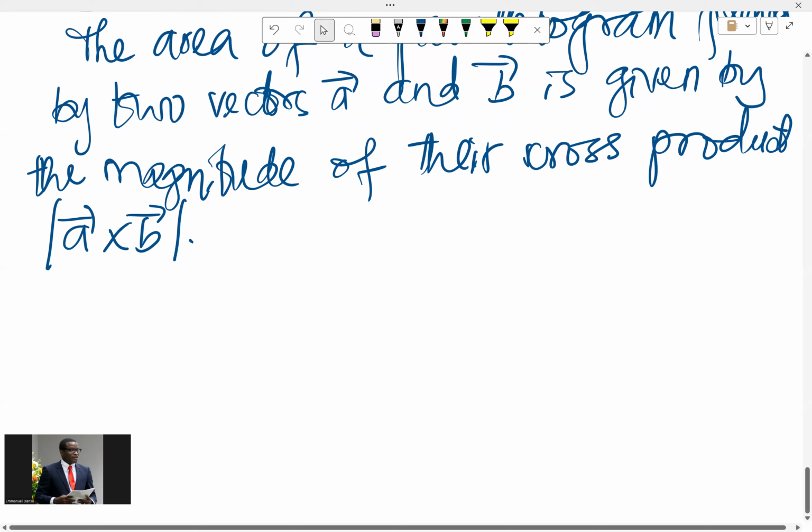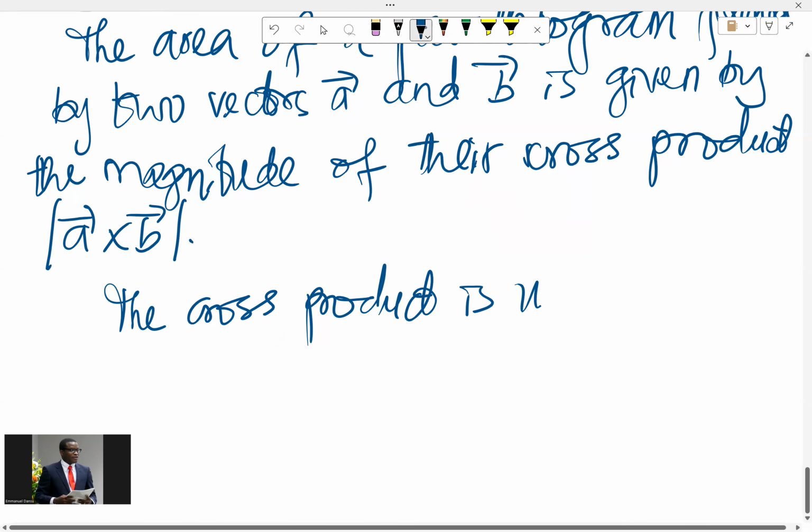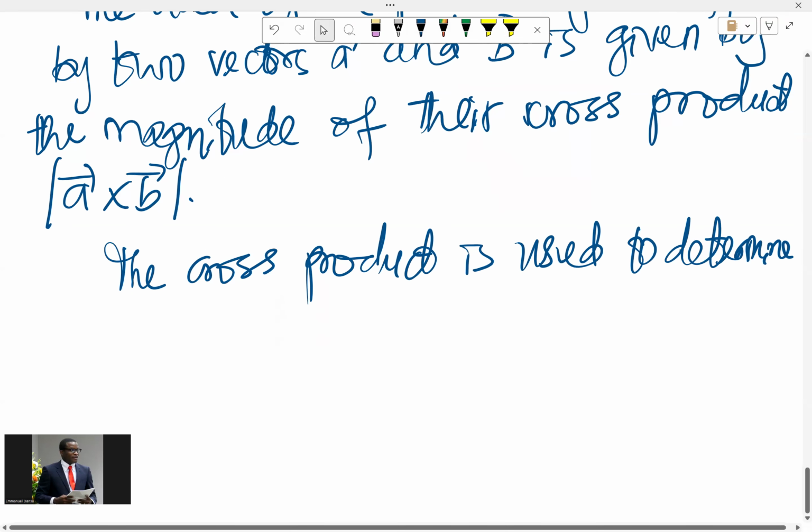So as for application, we say the cross product is used to determine the area of parallelograms.